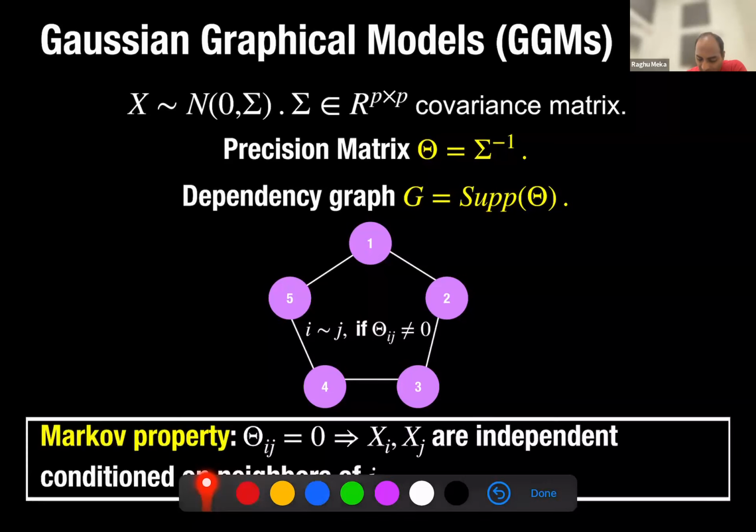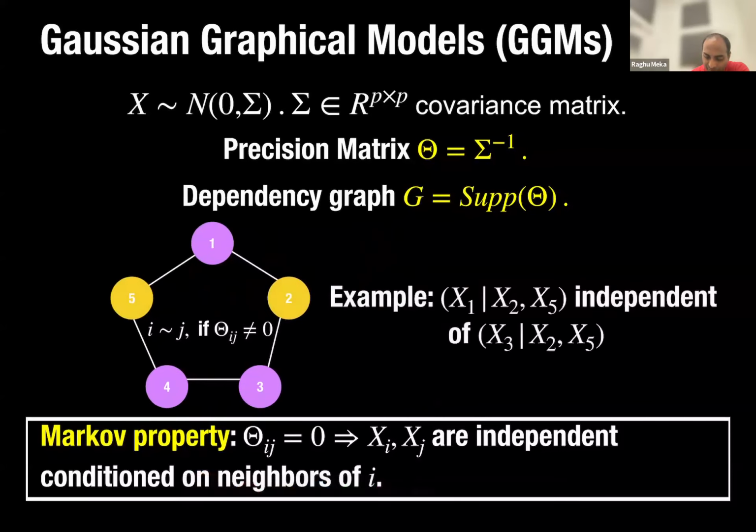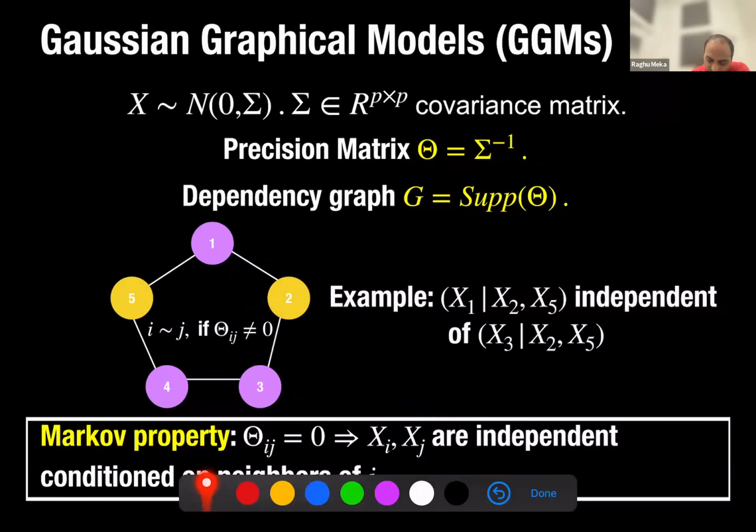Okay, so by looking at which entries are zero or non-zero in the precision matrix, I can build a dependency graph. And recall, dependency graph means that you have the Markov property. That is, whenever there is no edge, like here, there is no edge between 1 and 4, then 1 and 4 are independent, conditioned on the neighbors of one of the vertices. Right? So for instance, here, if I take 1 and 3, there is no edge between 1 and 3.